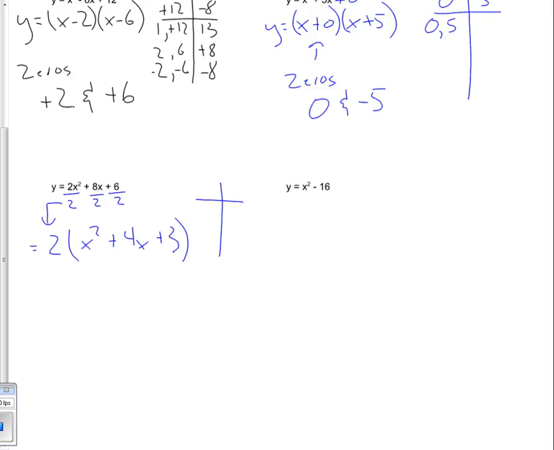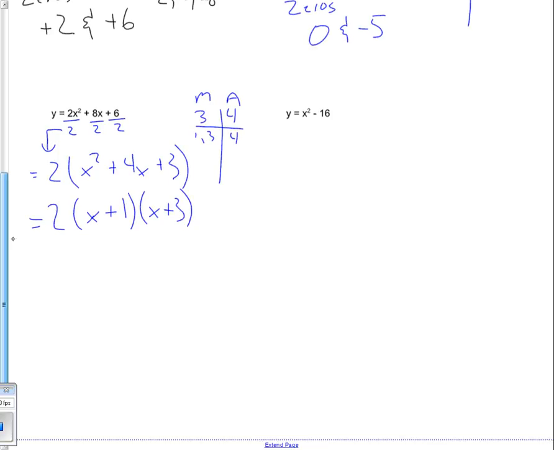So I'm going to use my MA chart. I need two numbers that multiply to positive 3 and add to 4. Just so happens that 1 and 3 meet that criteria. So when I write out this equation in factored form, it ends up being x plus 1 times x plus 3.